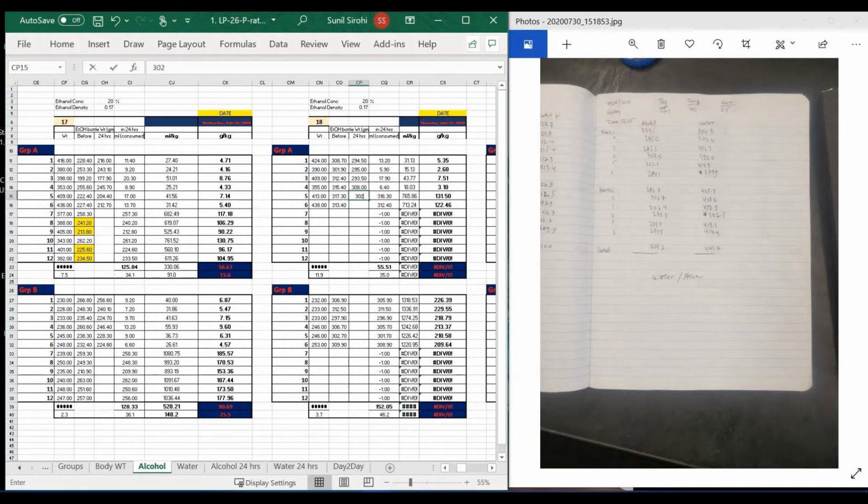You go back, then you come on Friday and you take that reading. So now this reading becomes 295, 295, 293.5, 308, 302.6, 294.1.